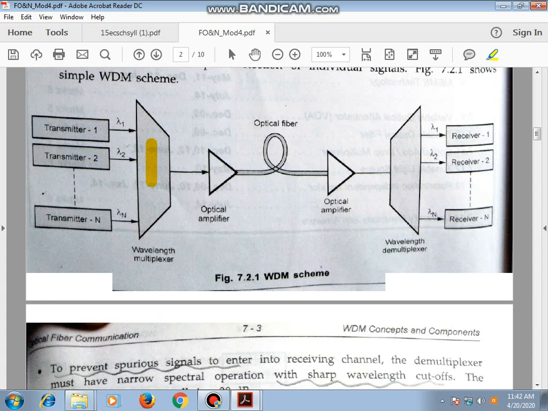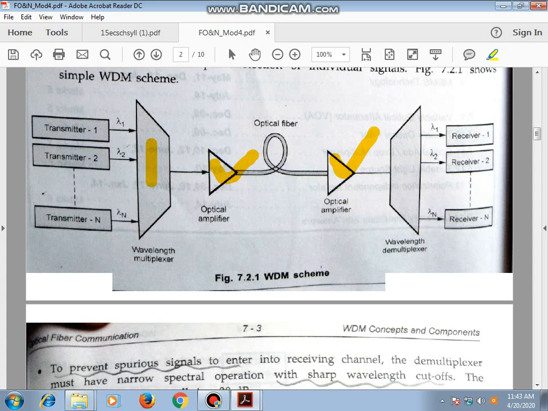In this diagram you can observe that the optical amplifier is present at both the transmitter side and the receiver side, and at the receiver side you also have a demultiplexer. Demultiplexer in the sense that from this optical fiber you will get many combined signals of different wavelengths.